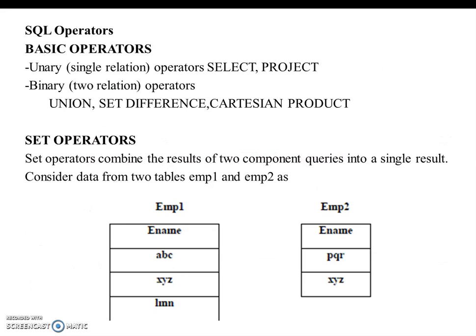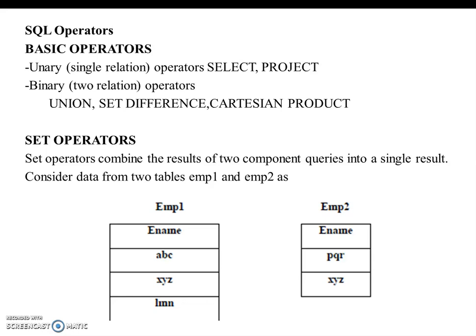So this is the very first and important operator, termed as the set operator. In order to perform set operator queries, you require at least two tables. So on your screen there are two tables viewable. The first one is employee 1 and the second one is employee 2.